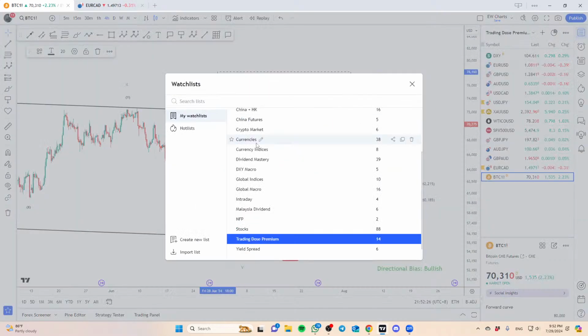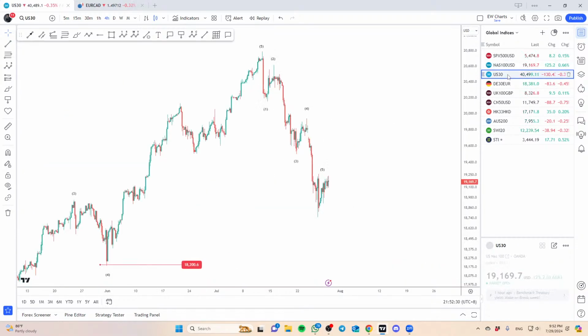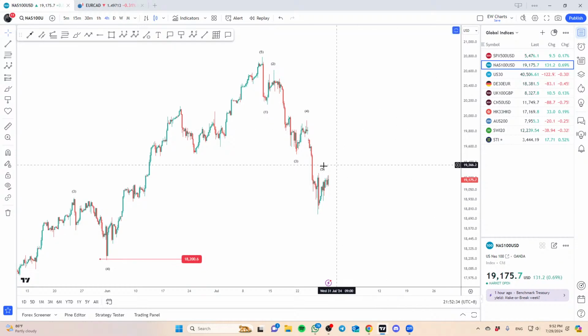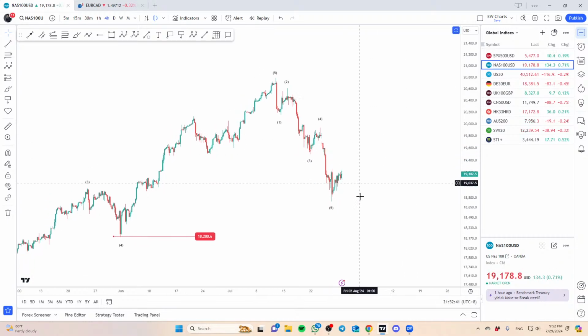Yeah, so in general, those are some of the analysis. Very, very quickly, let's take a look at some of the global indices. Okay, so let me just very, very quickly update this. Possibility of pullback. This is NASDAQ, right? So again, we are kind of expecting quite similar to S&P.